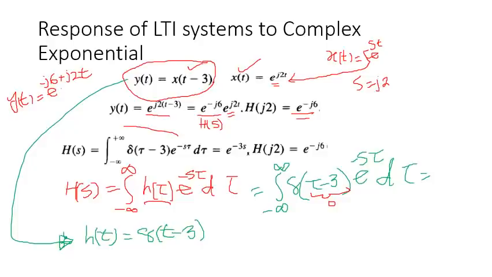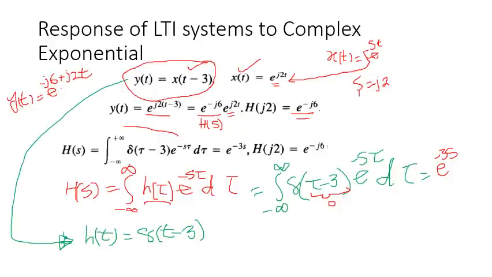So you understand tau is 3, so this will be equal to e power minus 3s, right? Because the input signal is given, you understand from here that s is basically equal to 2j.